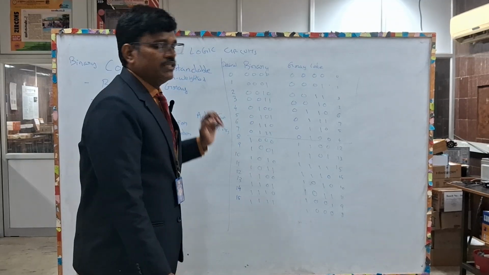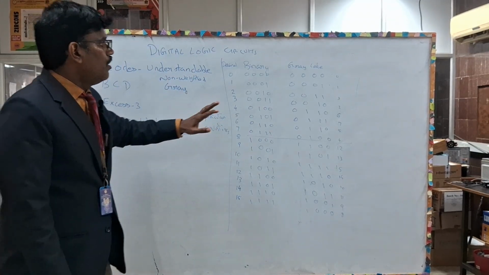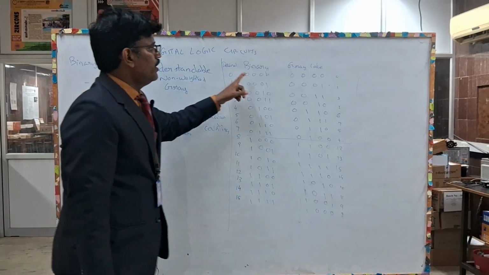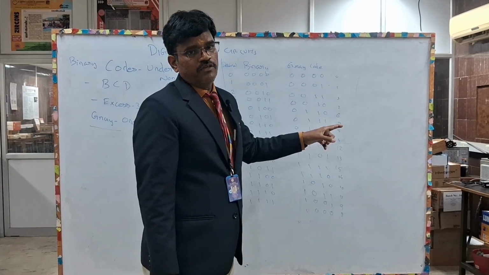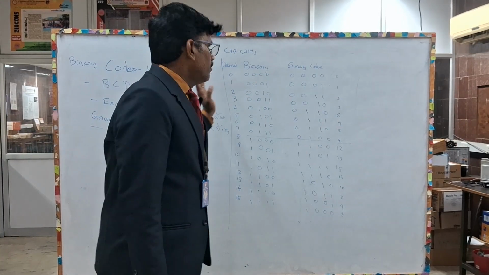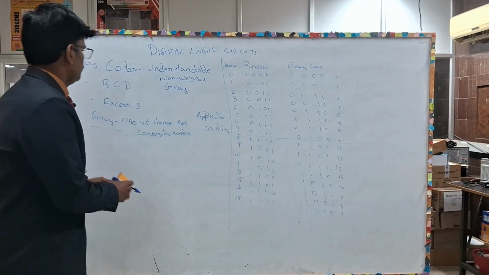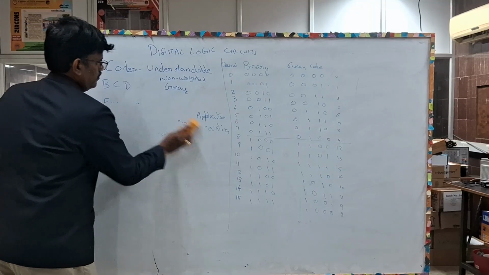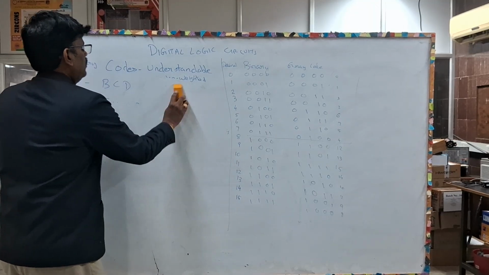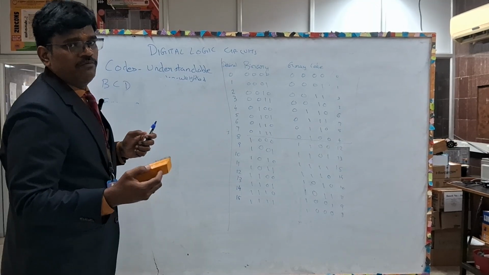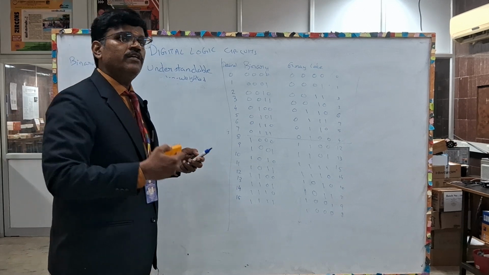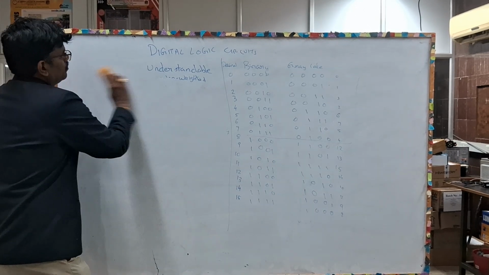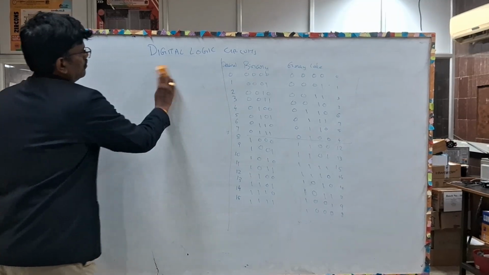Now we try to check the code converter, or how to convert a given binary value to a gray code value. Usually binary is available for counting application, so we want to convert the given binary value to a gray code value.